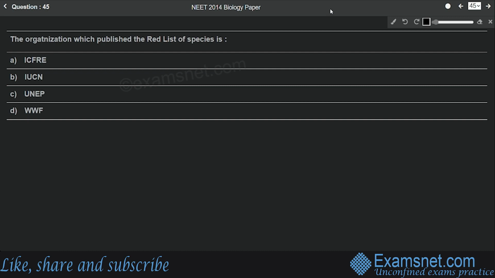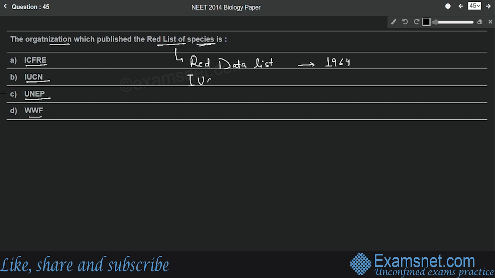Question number 45 is from the chapter Biodiversity and Conservation, and the question is, the organization which published the red list of species is. Option A, ICFRE, option B, IUCN, option C, UNEP, and option D, WWF. Okay, so the red list of species, which is also known as red data list, was founded in the year 1964, and it is published by the IUCN.